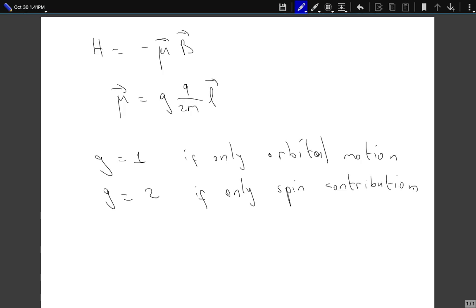And if both of them can contribute to the magnetic moment, then there is this somewhat mysterious looking expression. It has g equal to 3/2 plus some factors over j times j plus 1, if I'm not wrong.